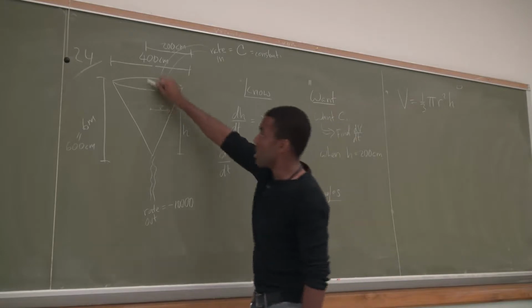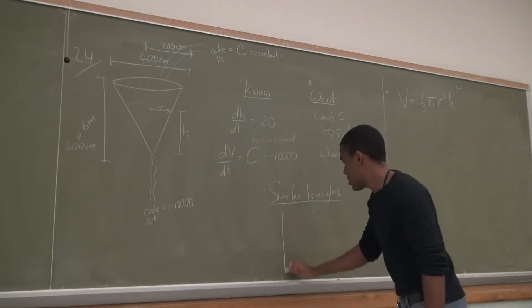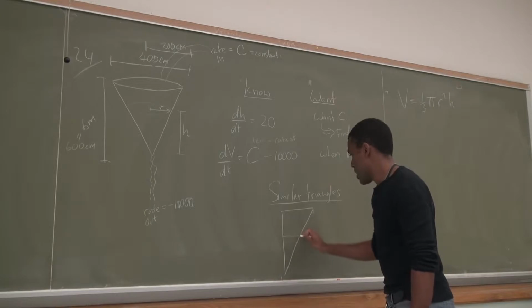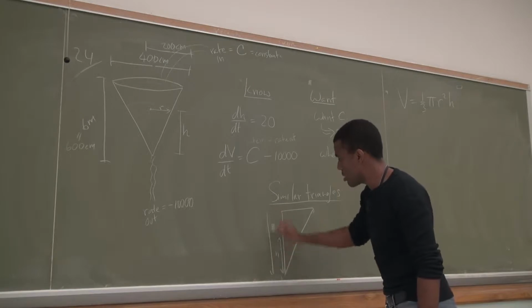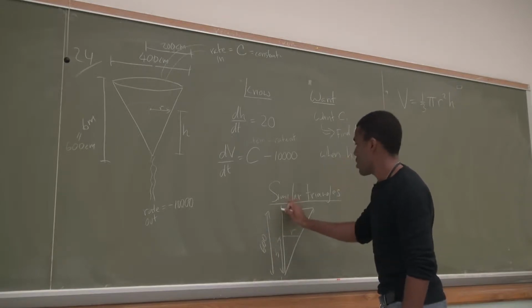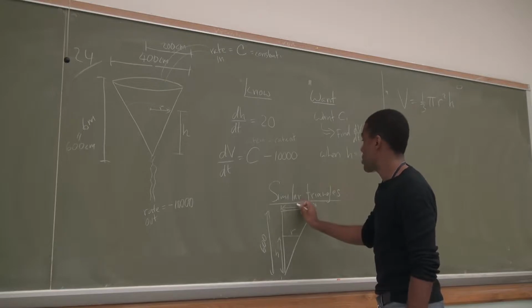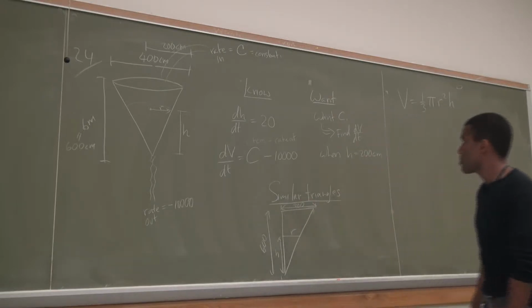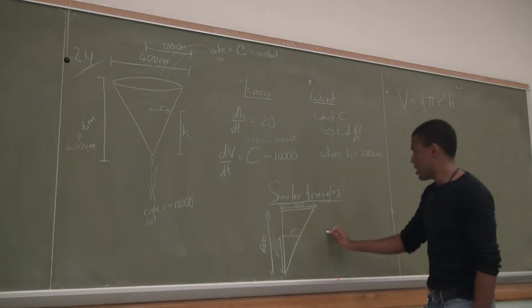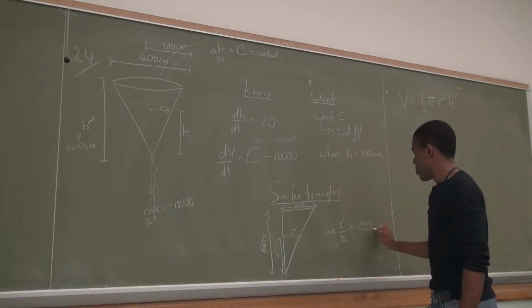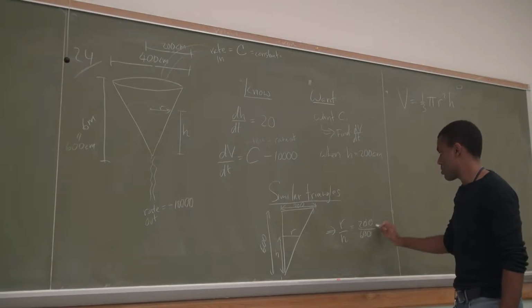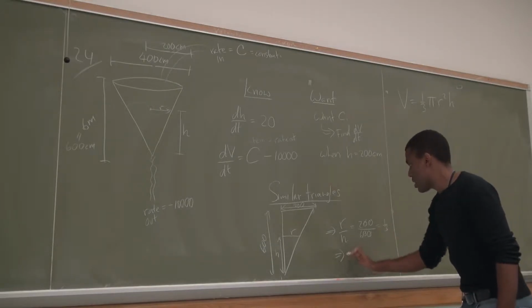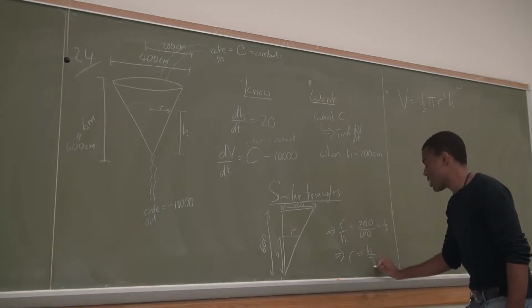Slice this into a triangle: here's r, this is h, the whole thing is 600 and the whole width is 200. So r over h equals 200 over 600, which is 1/3. This means r is equal to h over 3.